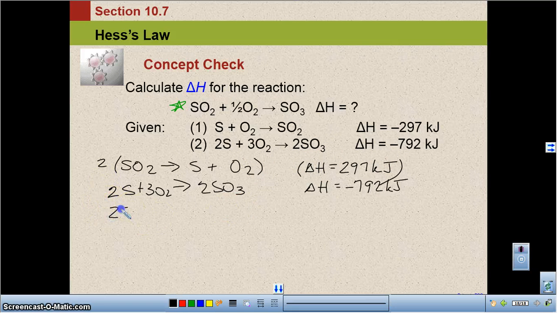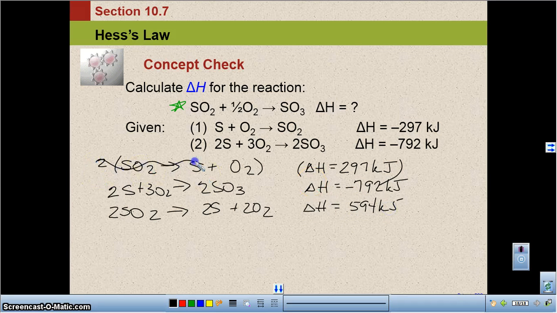So we have 2 SO2 and 2 sulfur, plus 2 O2, and that's going to cause our delta H to be doubled. So we take 297 times 2, which is going to be 594 kilojoules. And we're going to get rid of this one.